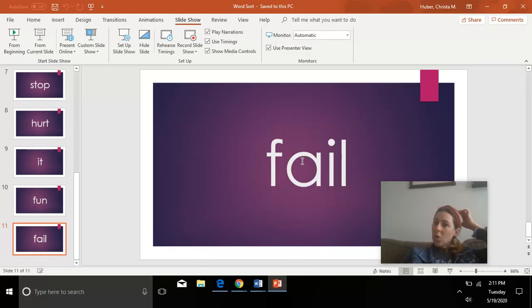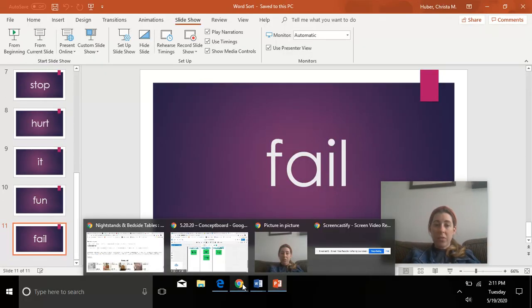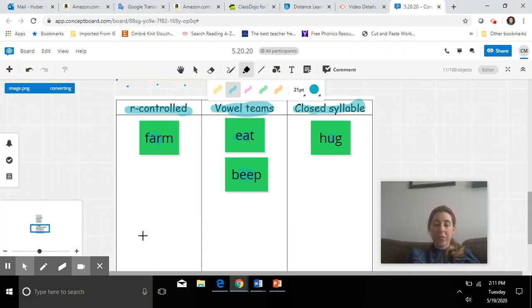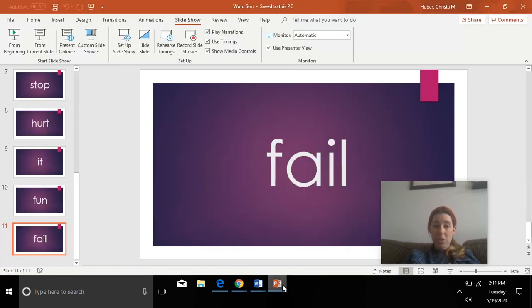Okay, we have looked at a few words. I hope you have found a space to put them on your chart. Please send me a picture if you have written these words at home. And then what I want you to do is practice sounding the words out. So once you have placed them on your paper, once you've written them down, practice sounding them out.